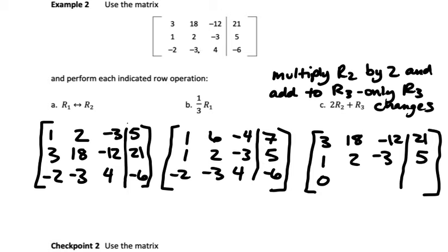Add that to row 3. 4 plus negative 3 is 1. Multiply negative 3 by 2 and add that to 4. Negative 3 times 2 is negative 6. Add that to 4, that's negative 2. And multiply 5 by 2, that's 10. Add that to negative 6. 10 plus negative 6 is 4. So this would be my answer matrix.